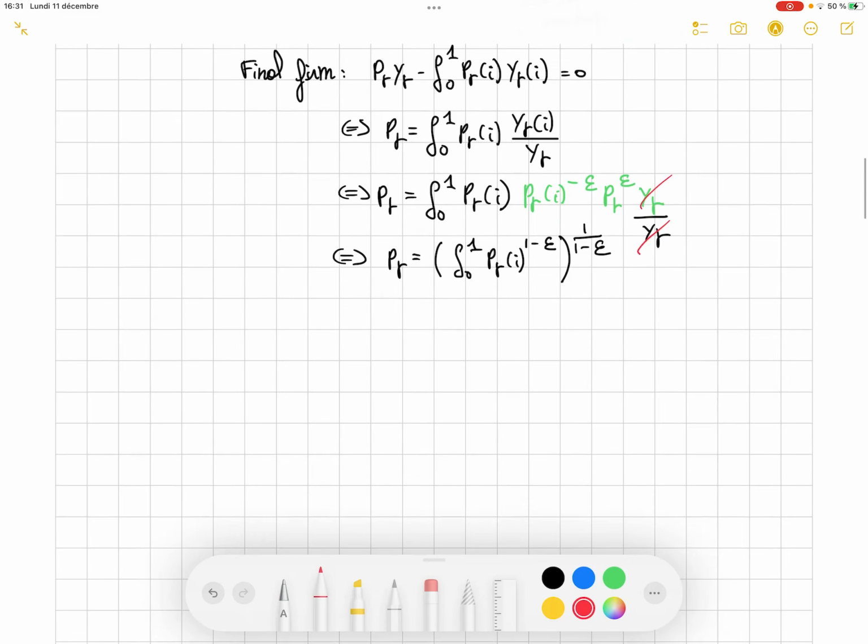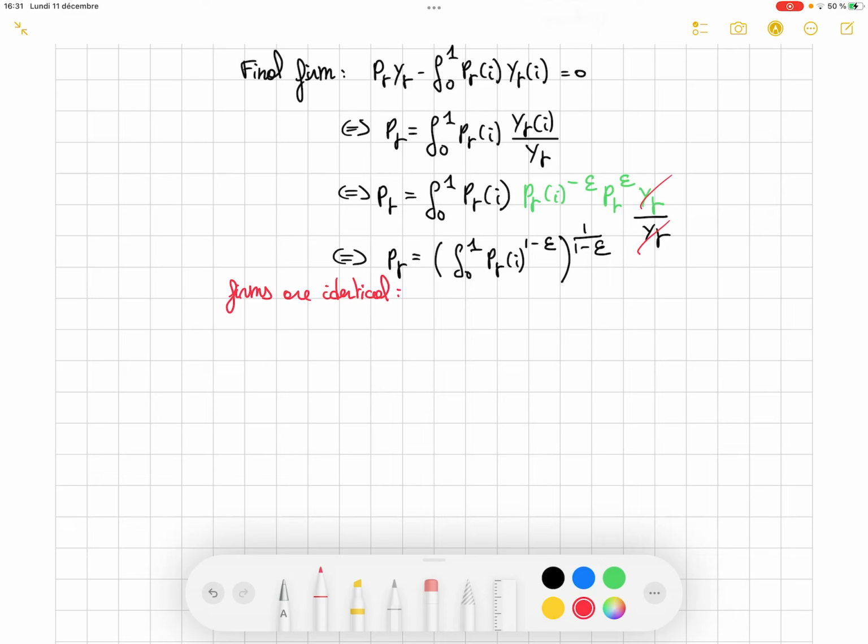So from this hypothesis that firms are identical, we know that P_ti will be the same for each variety.